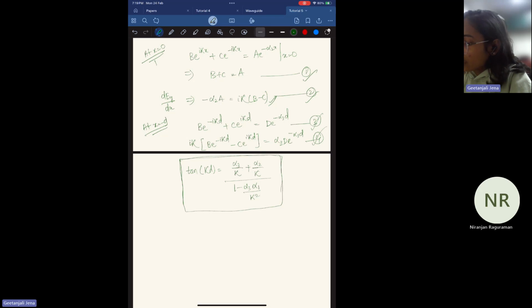So if alpha 3, alpha 2 and kappa are given, then you can find out what kappa is and what the propagation constant is. This will be the final transcendental equation.